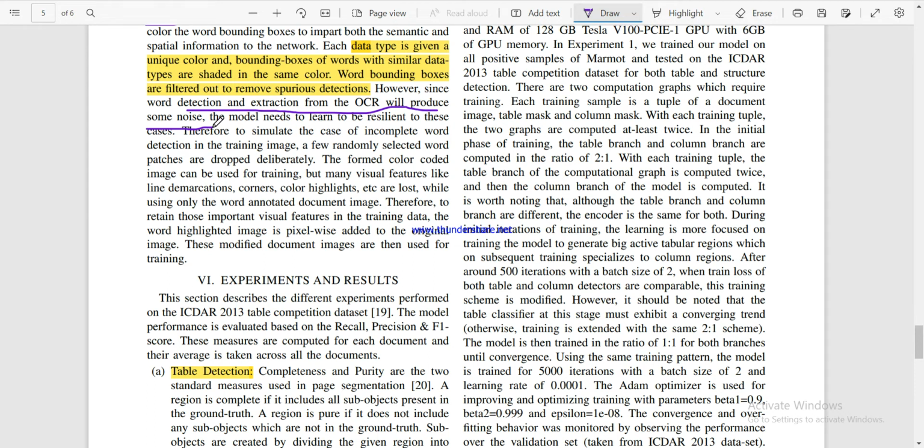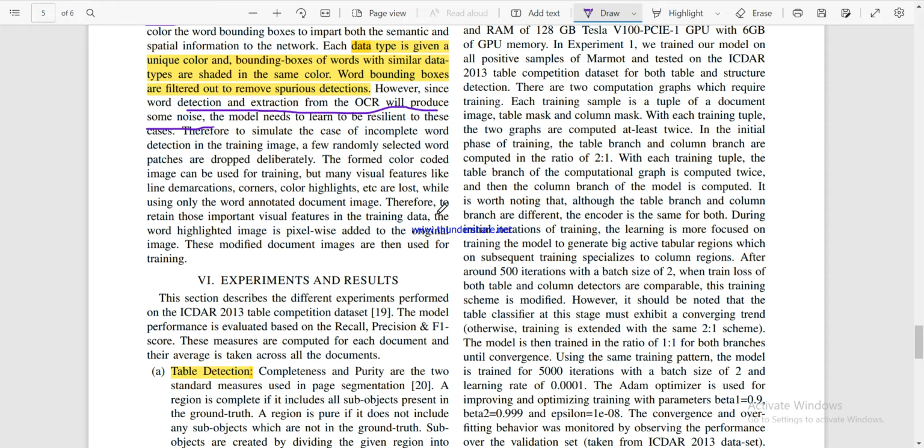Therefore, to simulate the case of incomplete word detection in the training image, a few randomly selected word patches are dropped deliberately. The formed color-coded image can be used for training, but many visual features like line demarcation, corners, color highlights, etc., are lost when using only the word annotated document image.